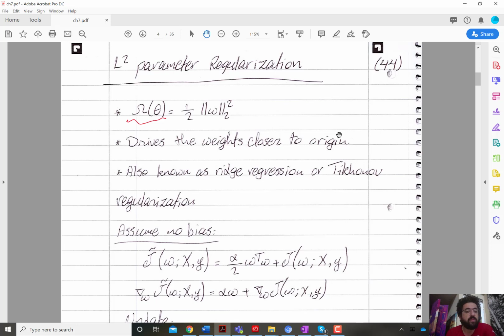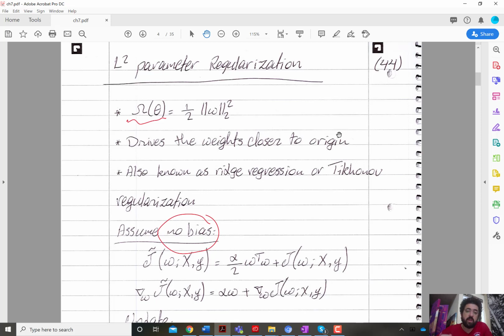Now, as we said before, it's typically the case that biases are not included in the regularization function because there are very few of them, and it typically leads to underfitting to include bias in the regularization function. So the regularization function is a norm that's a function of the weights, the weight parameters. Let's say the weight parameters are omega. Then L2 regularization is basically the L2 norm squared.